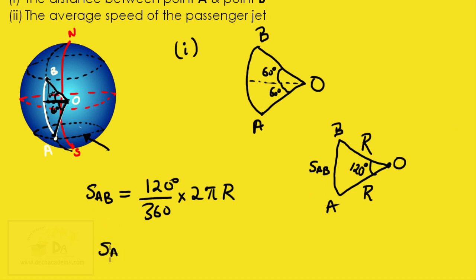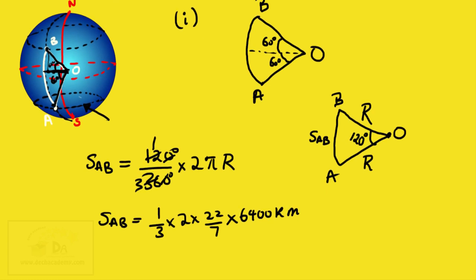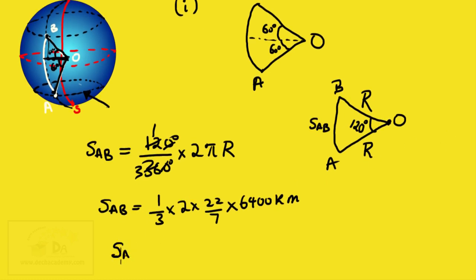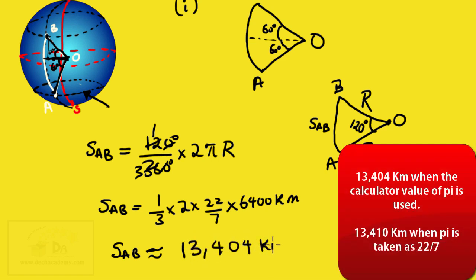That means that SAB is equal to 120 divided by 360, same thing as 1 over 3, times 2 pi R, 2 times 22 over 7, times what's R? 6,400 kilometers. That means the length of the arc AB is approximately, using your calculator, 13,404 kilometers.